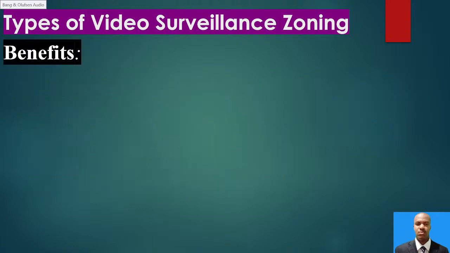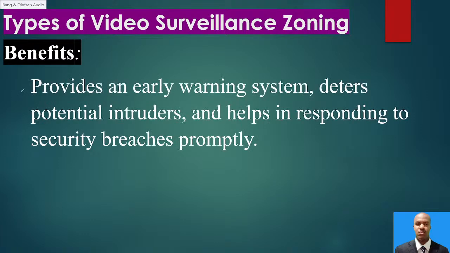So let's look at the benefits. Benefits of having a perimeter zoning is it provides an early warning system, deters potential intruders, and helps in responding to security breaches promptly.